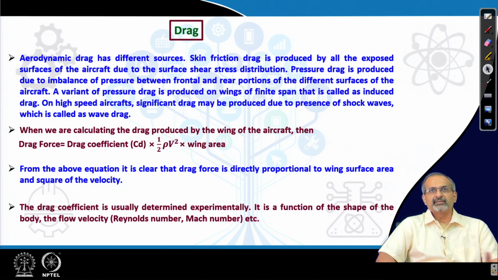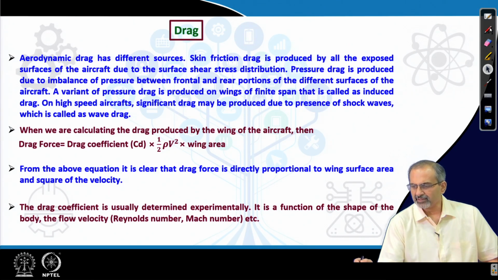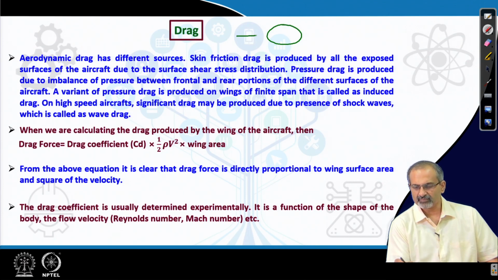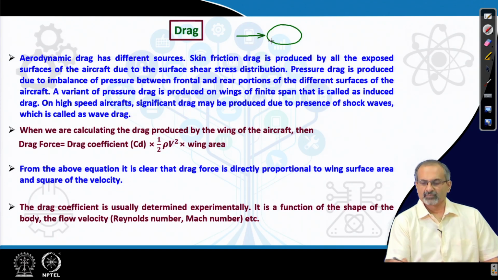Pressure drag is produced due to imbalance of pressure between frontal and rear portions of the different surfaces of the aircraft, which means, let me give an example to show you. For example, if you have a body like this and it is facing a flow which is impinging on it, and this happens to be an axis of symmetry of the body.